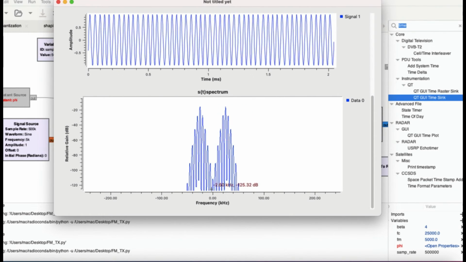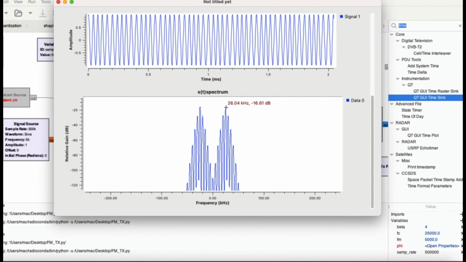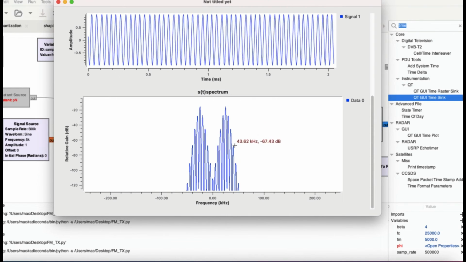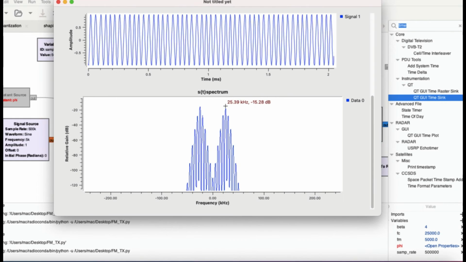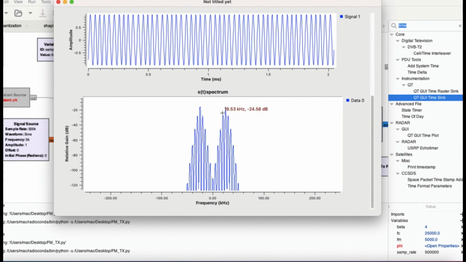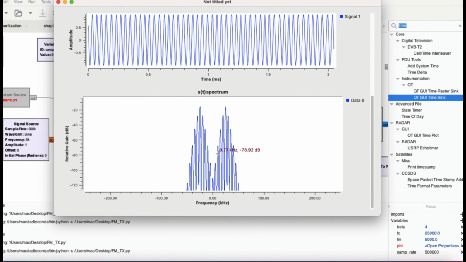We only care about this part where you have a carrier signal, which is right here. Then you have FC plus FM, FC plus 2FM, 3FM, 4FM, 5FM, and so on. And this is FC, then this is FC minus FM, which is 25 minus 5, so 20, then FC minus 2FM, minus 3FM, and so on.